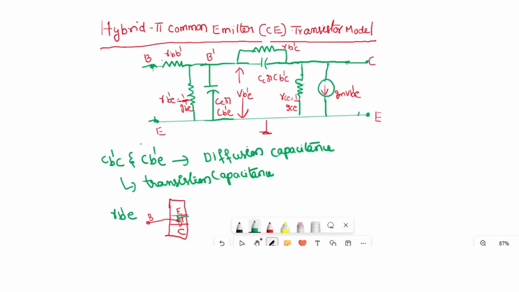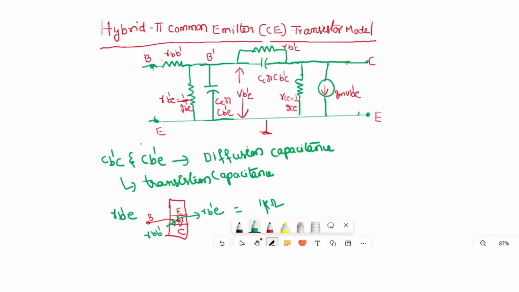So the resistance between B dash and E is called RB'E, and the resistance between B and B dash is called RBB dash. This RB'E is nothing but the forward bias resistance. The RB'E value is around 1 kilo ohm.